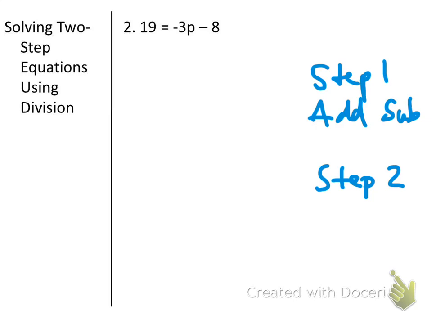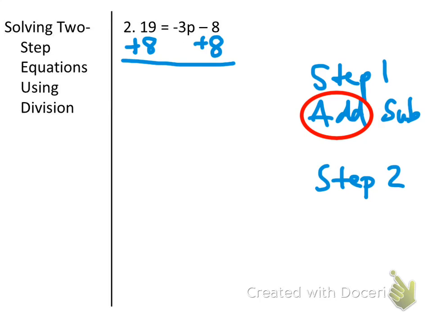So looking at this, I have a minus 8 beside my p that I need to move to the other side. So the opposite of subtraction is addition. So the first step I'm going to do is add 8. Whatever I add to one side of the equation, I have to add to the other. It's an equation. That means they equal each other. So I need this to equal each other.